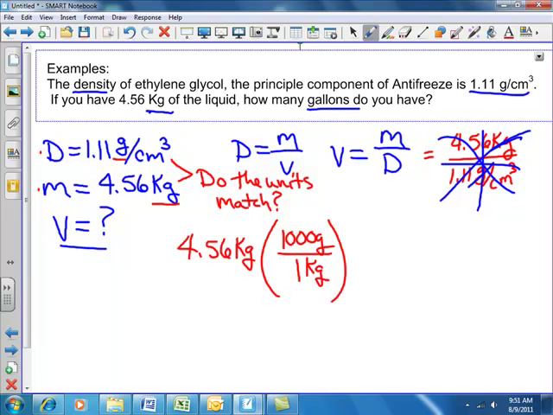This is where a couple days ago I told you to memorize some of these conversions. If you memorized this, you didn't have to look it up. Kilograms now cancel, so this is 4,560 grams. Notice you didn't change your number of sig digs: you have 3 sig digs here, and 3 sig digs there.